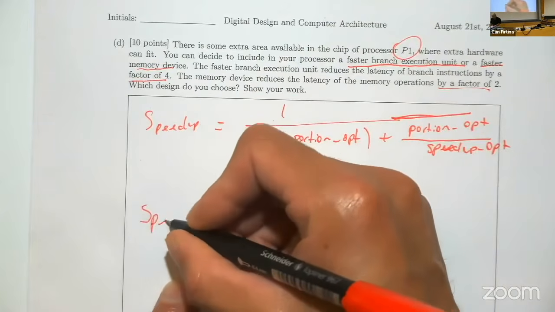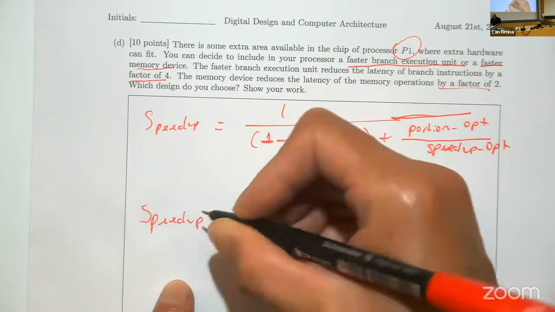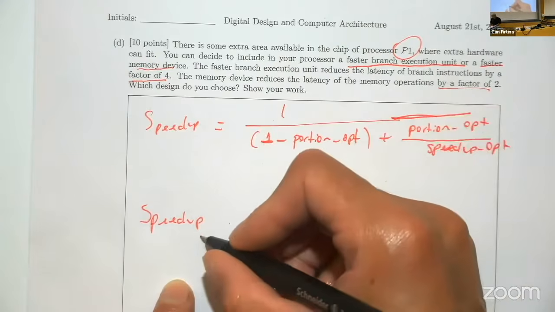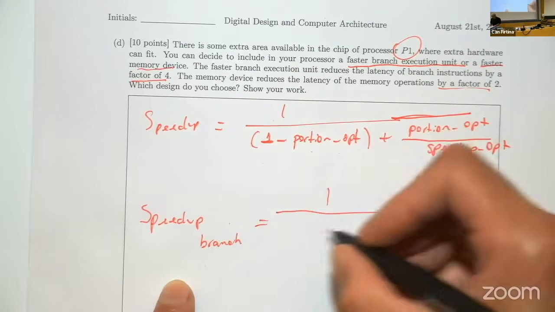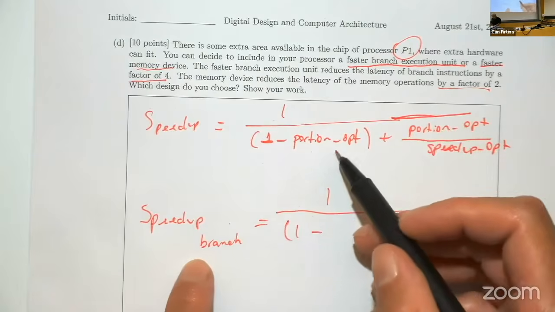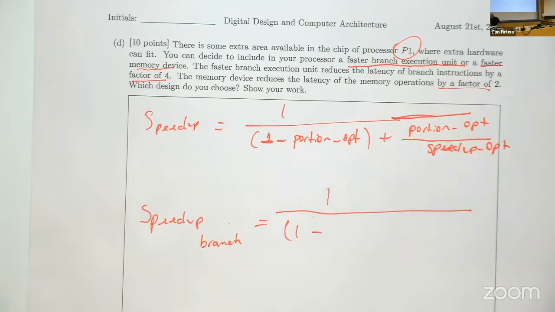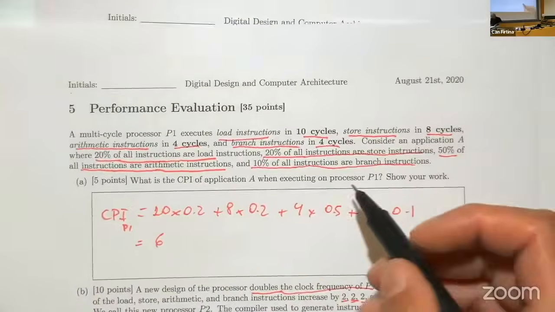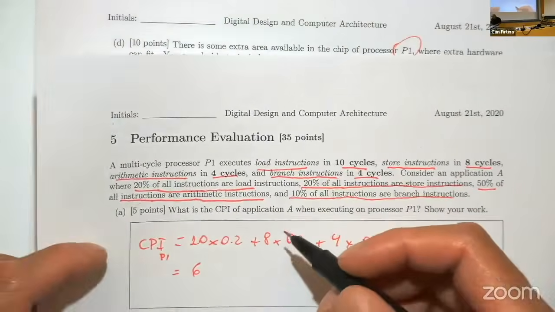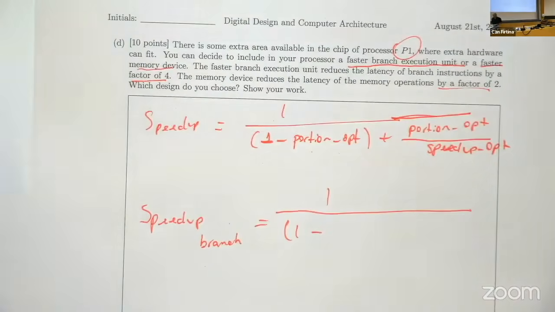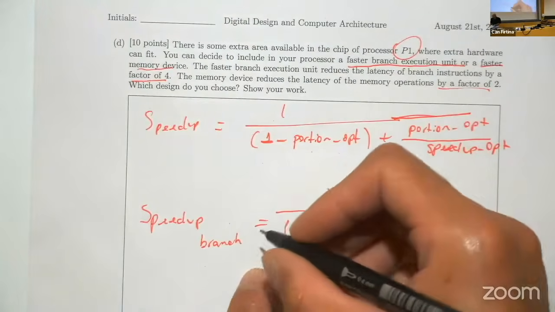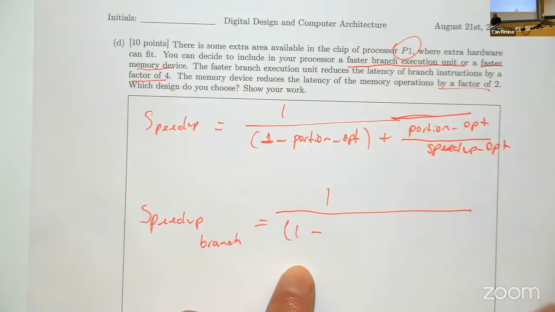So let's see the speedup of having a faster branch unit. This is going to be 1 over 1 minus the portion that you're optimizing, right? If you look back at the question, 10% of all of the operations are branch instructions. So if you choose the branch, you're optimizing only 10% of the total execution.